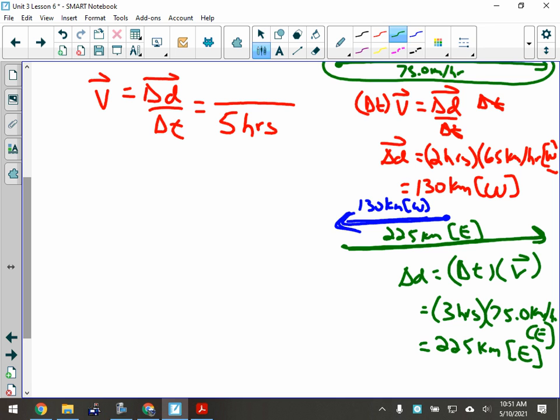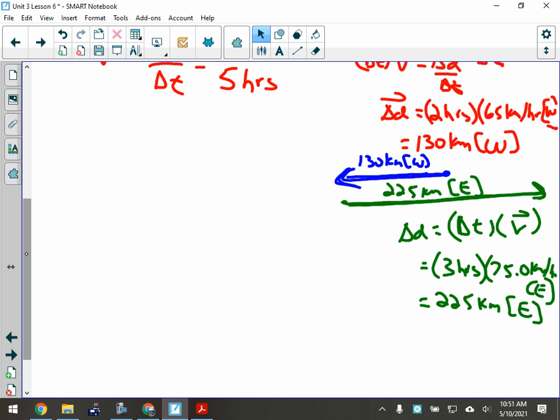Again, we can let the east one be positive and the west one be negative, and I can add, subtract those two. It should be 225 minus 130, 95 kilometers in the east direction, which would be this part right here.